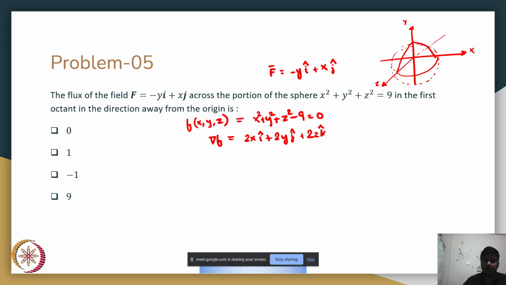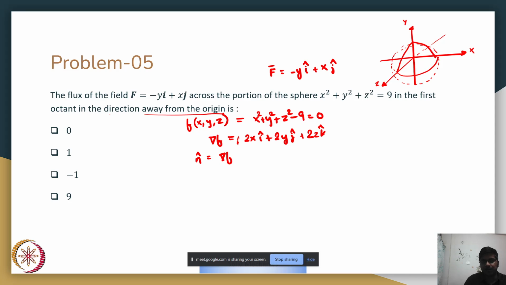In this question, we are to look at the direction away from the origin. There can be both plus and minus here, but since we have been told away from the origin, we will just take the gradient of f itself and not its negative.